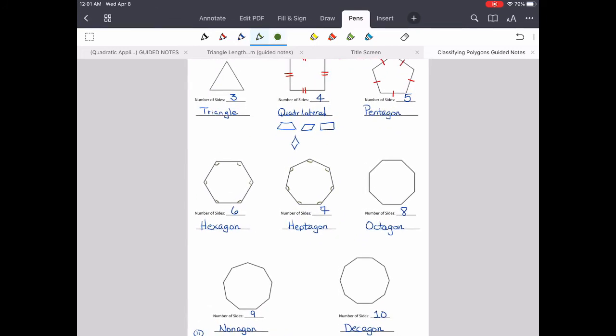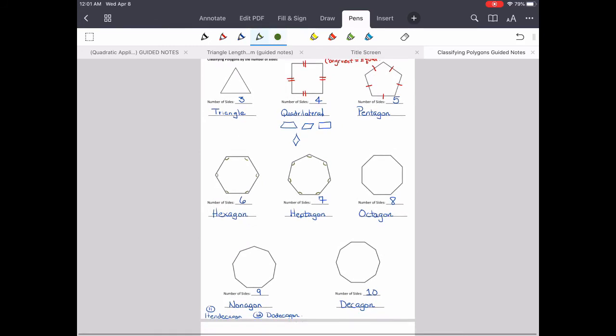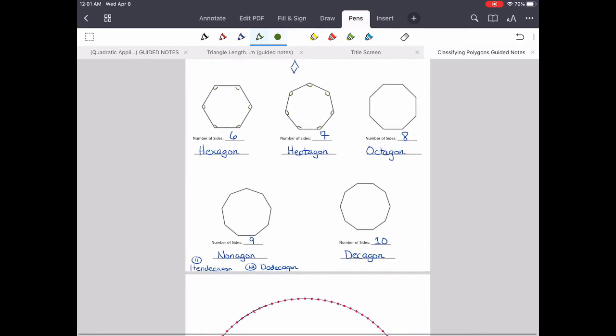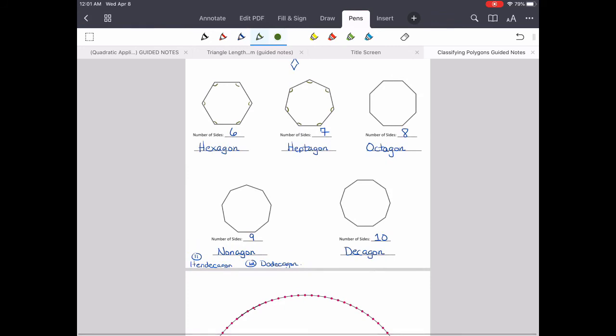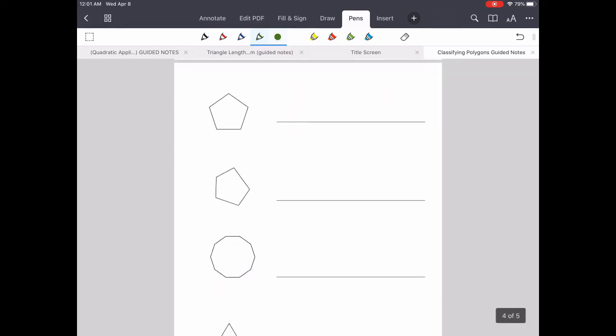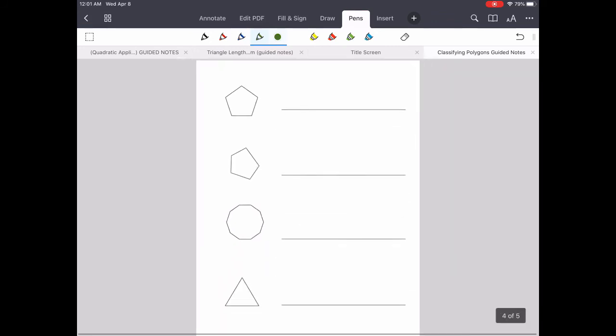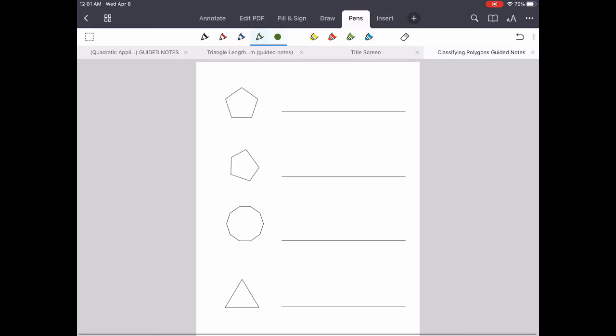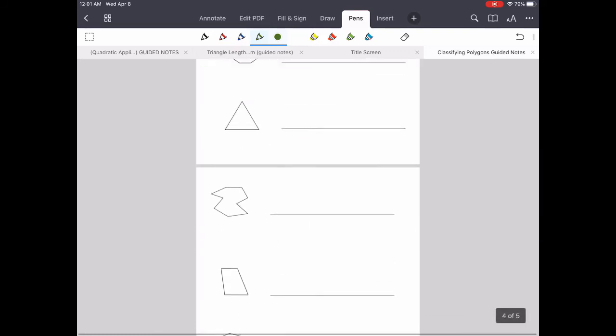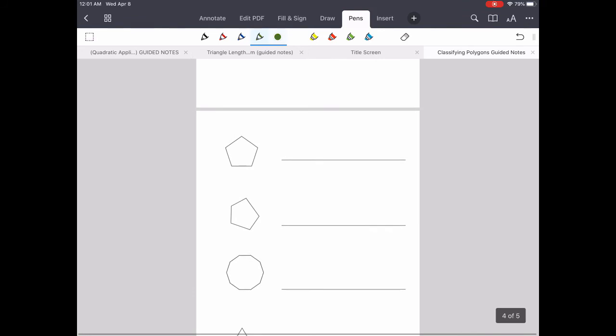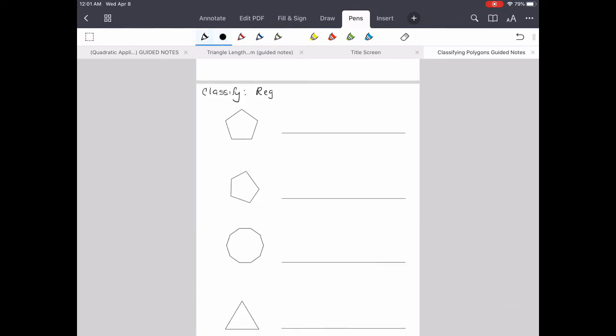But yeah, you should know these and have these committed to your wealth of information about math and geometry. And then lastly, why don't you go through this right here? You can pause the video at this point. Go through these last few right here. I want you to classify these. Are they regular or are they irregular?